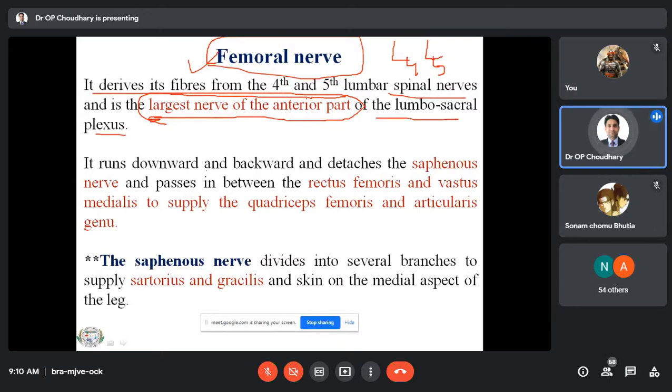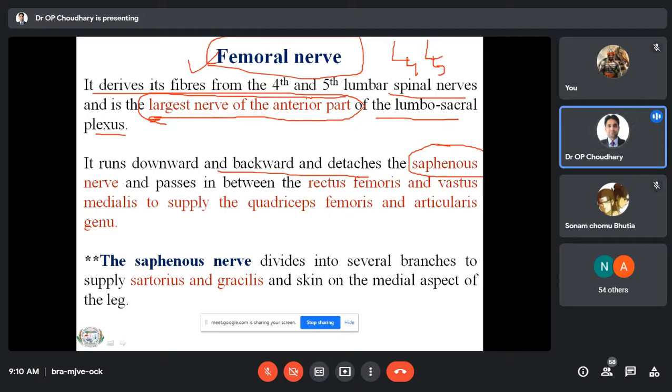Now it runs downward and backward, and it detaches one nerve that is called the saphenous nerve. So the saphenous nerve is a detachment from the femoral nerve, and it passes in between the rectus femoris and vastus medialis.